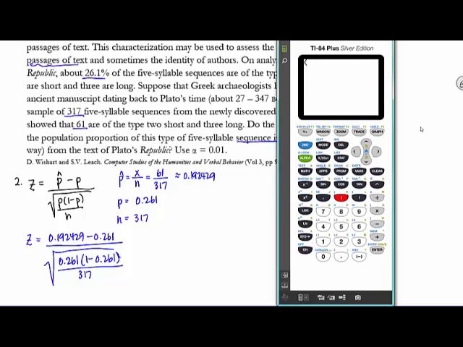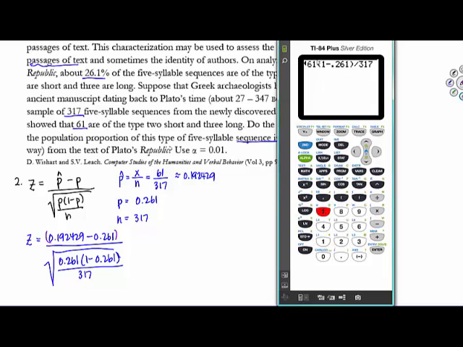Remember, for the numerator, we'll need a set of parentheses that say, hey calculator, use all this stuff, and then make the division. So I'll open those parentheses up and then do 0.192429 minus 0.261 divided by the square root of 0.261 times 1 minus 0.261 divided by the sample size 317.